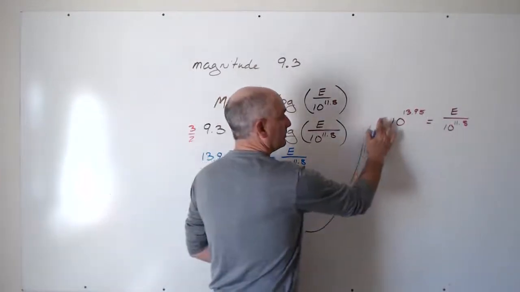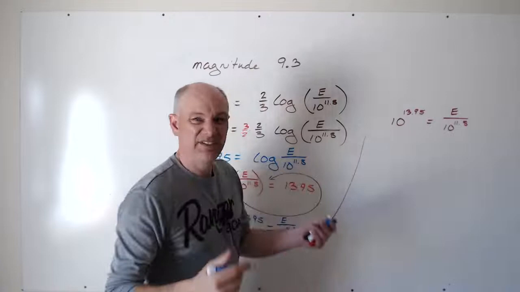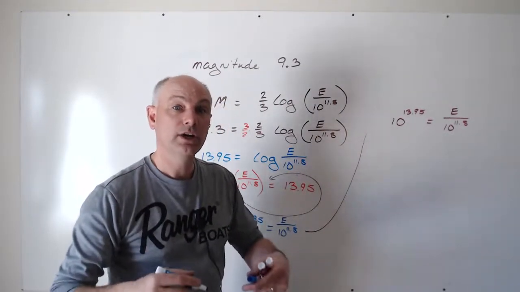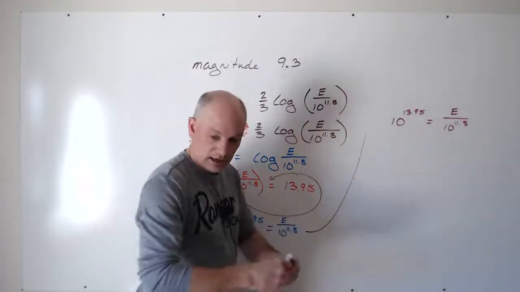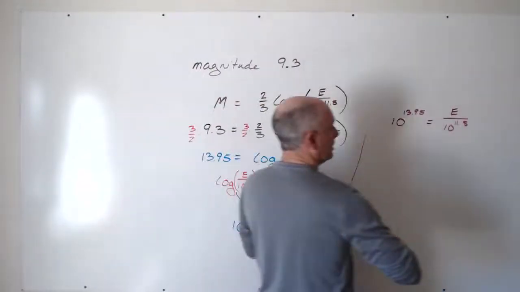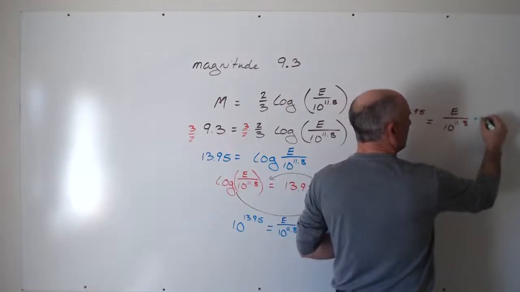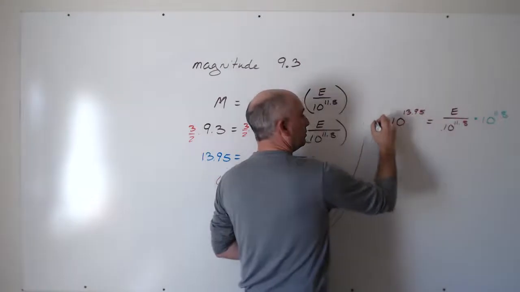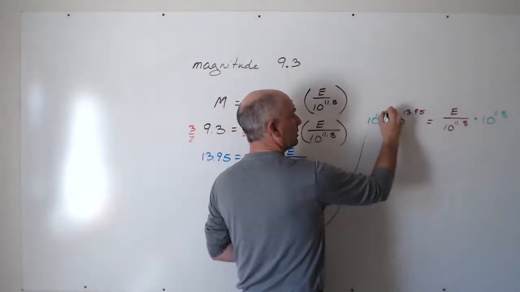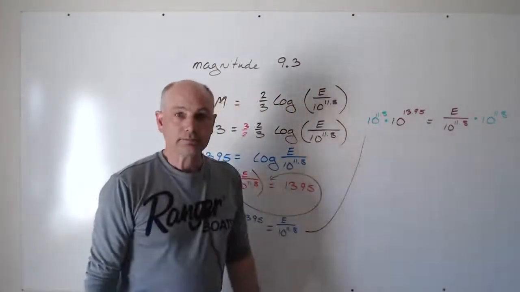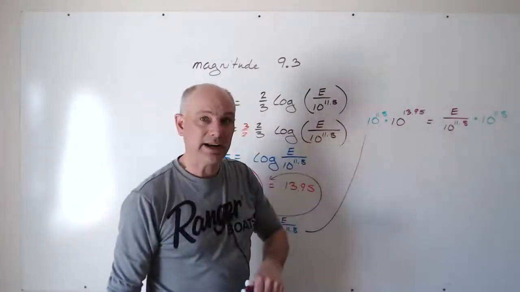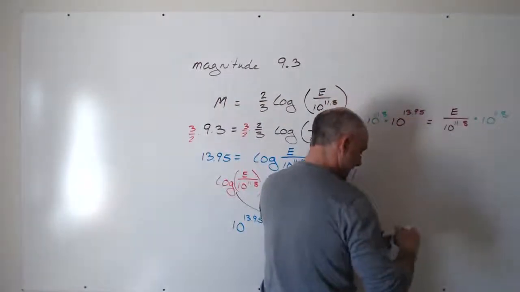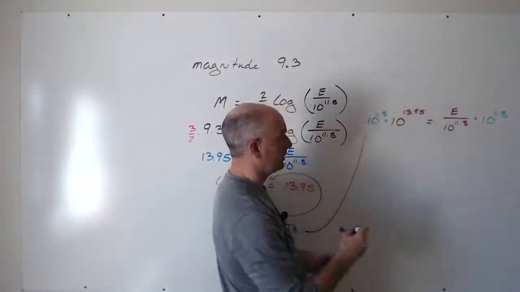Now, I can't even fathom those numbers. But look at the fact I have to solve for e. If I do this, I have to multiply both sides by 10 to the 11.8 power. Holy cow, look at this. I'm going to be multiplying 10 to the 11.8 power times 10 to the 13.95 power. That's extremely large.